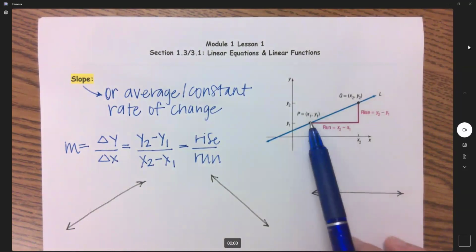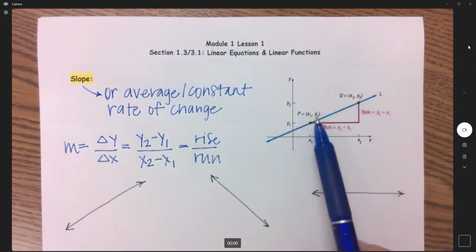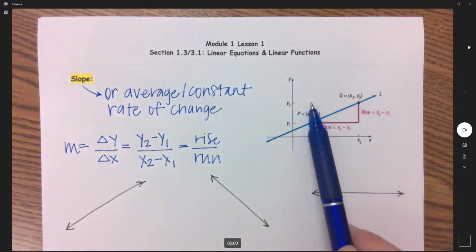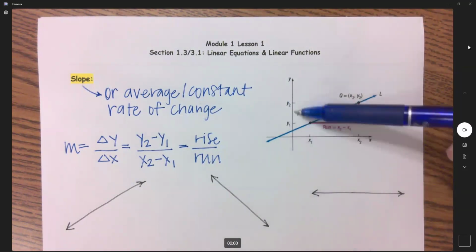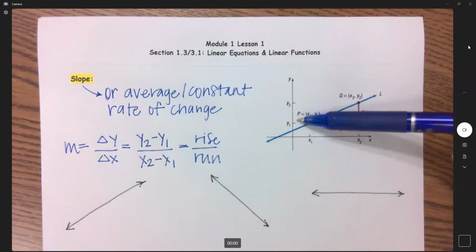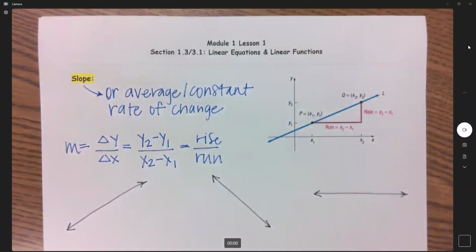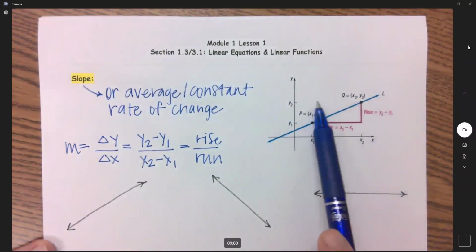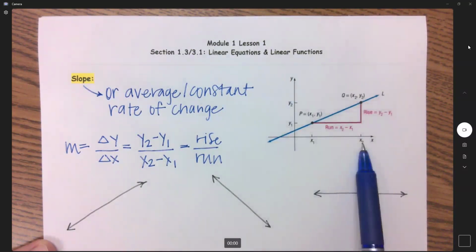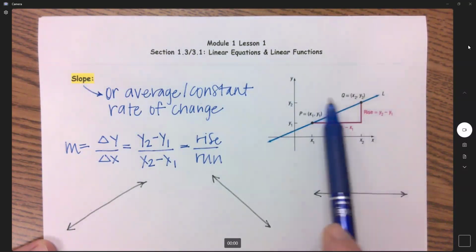I always go above. So from the lowest point to the highest point, I want to know what is my rise. And you can see here that is your change in your y coordinates. So what is that rise over your run? What is that change in your x coordinate right there?